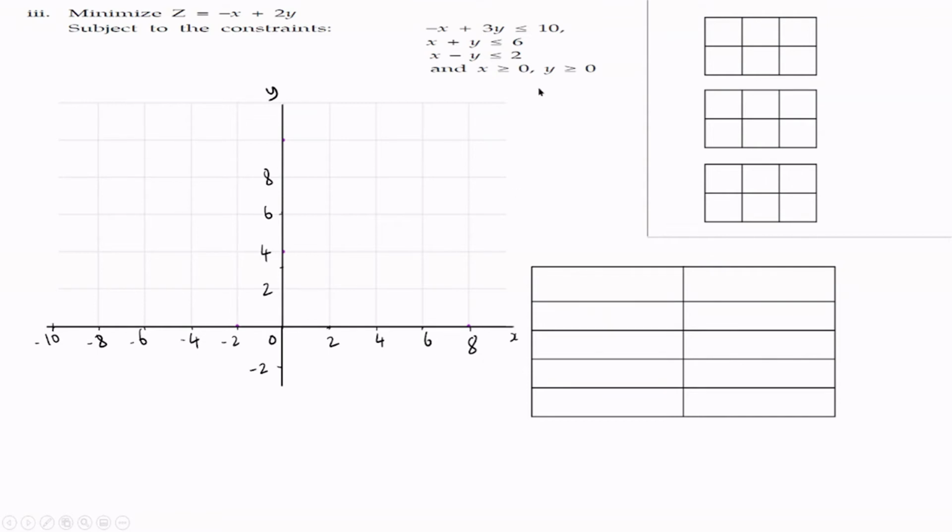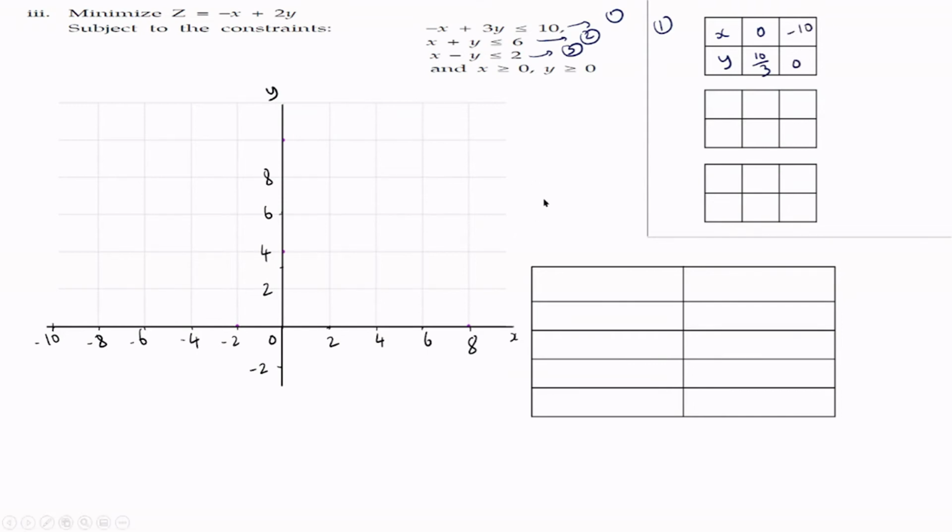Now let us draw each of these lines. So let us mark this as 1, this is 2 and this is 3. Now let us take the first one. The first line is minus x plus 3y equal to 10. So when x is 0, y is 10 by 3 and when y is 0, x is minus 10.